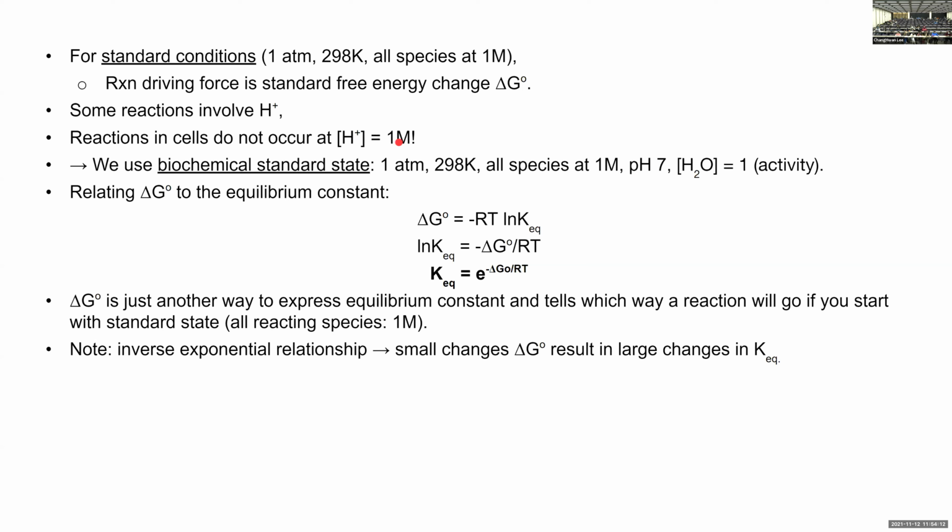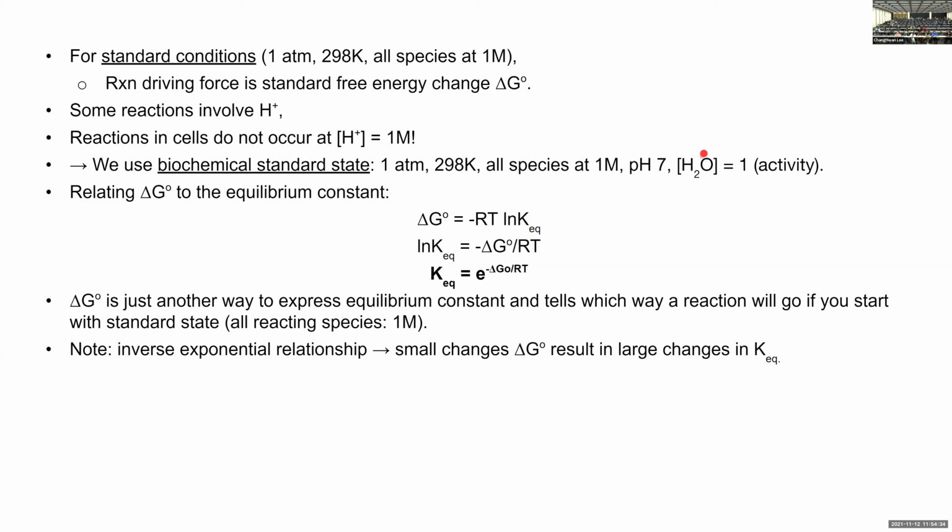And what would be the concentration for hydrogen cation in this case under the condition of pH 7? Exactly, that's going to be 10 to the negative 7th, right? Remember, put the negative logarithm to get the pH.